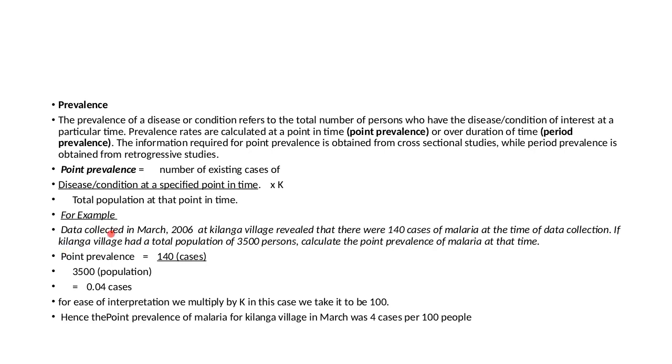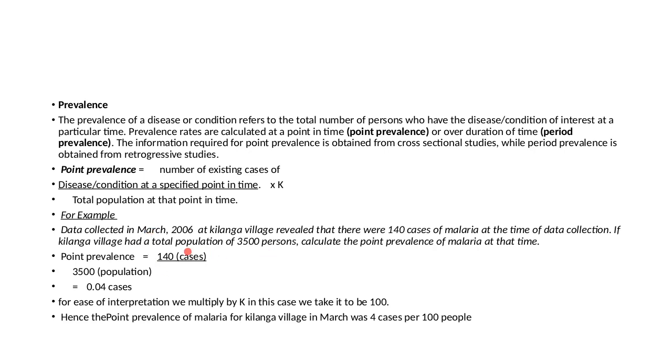An example: data collected in March 2006 at Kilanga village revealed that there were 140 cases of malaria at the time of data collection. If Kilanga village has a total population of 3,500 persons, calculate the point prevalence of malaria at that time.